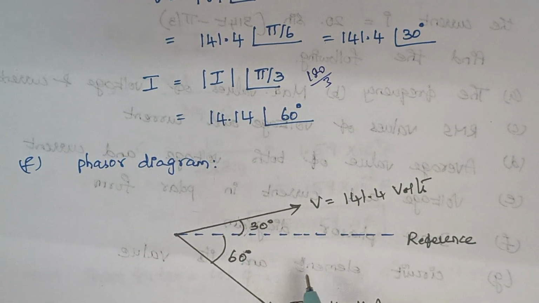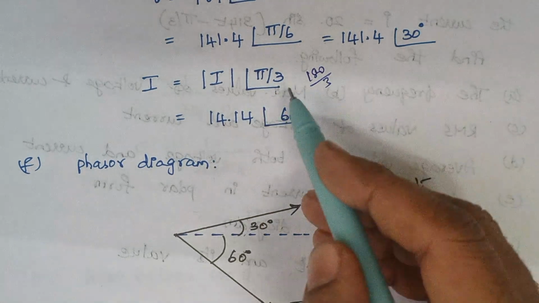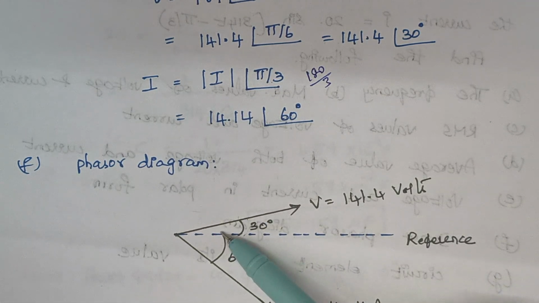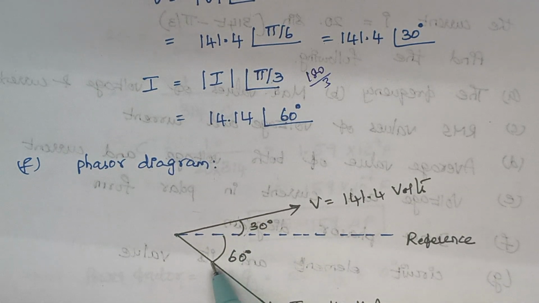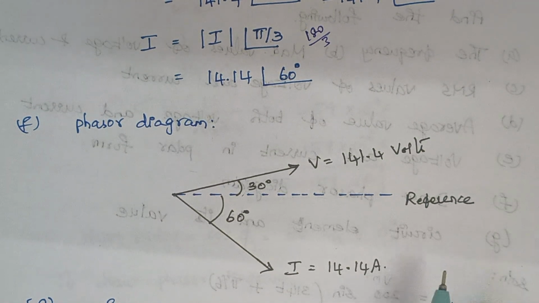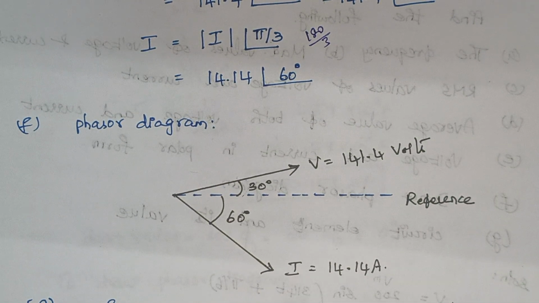For the current, we have a minus sign given in the problem, so it is minus 60 degrees. It is drawn below the reference line, and the value of current is 14.14 amps.